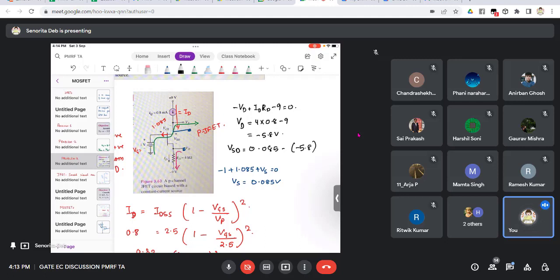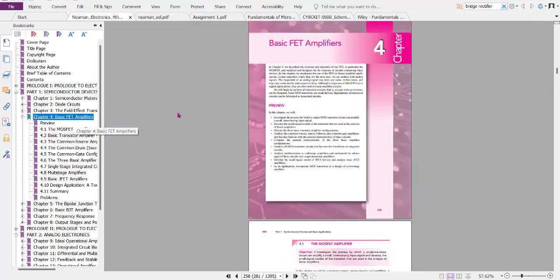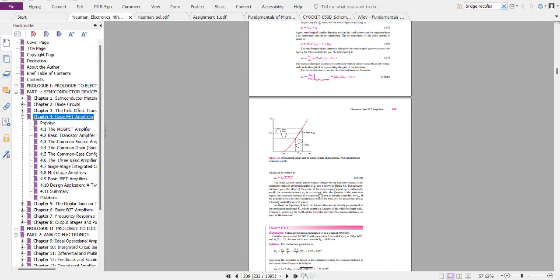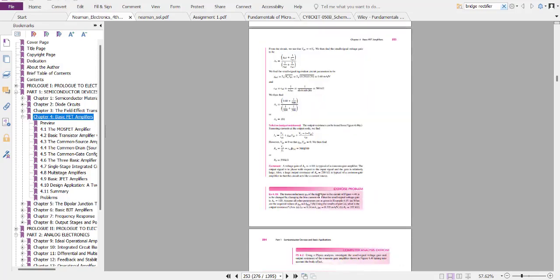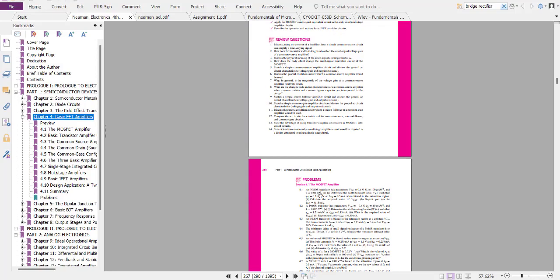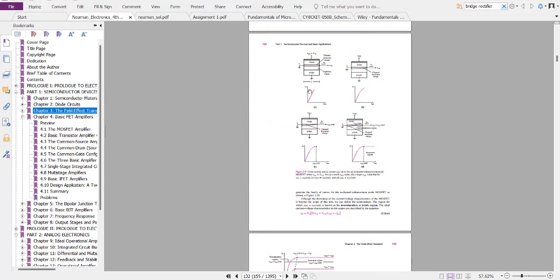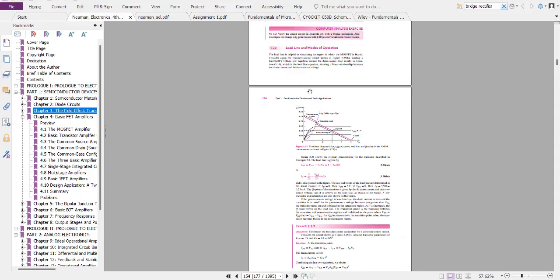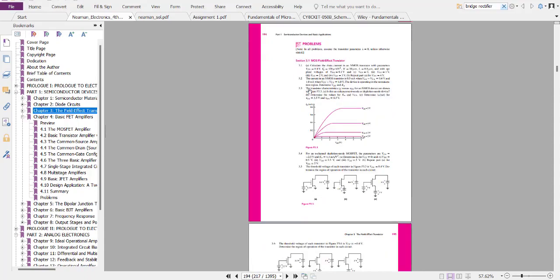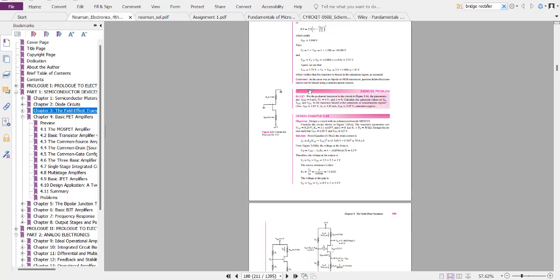So let me just check the answer quickly. What is the answer here? Is any one of you getting the answer? I have done some silly mistake there, I think.